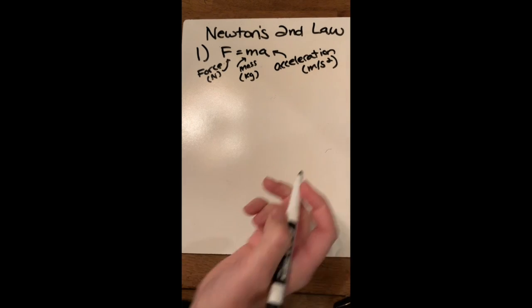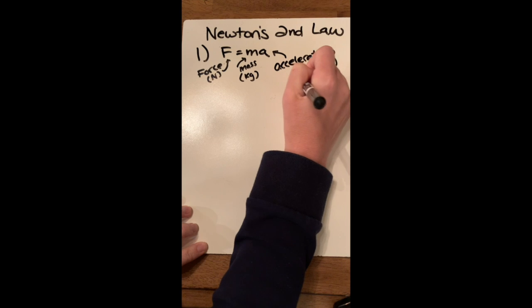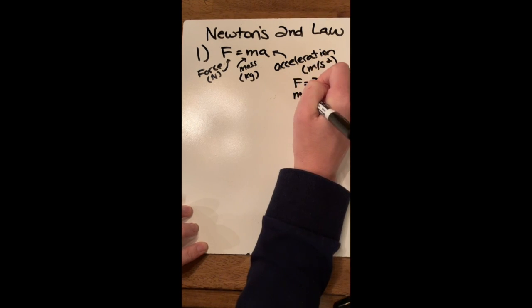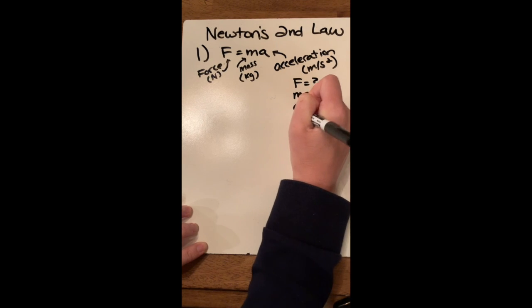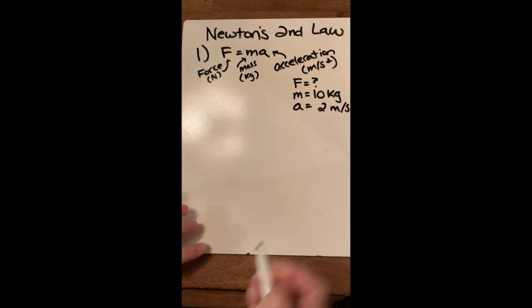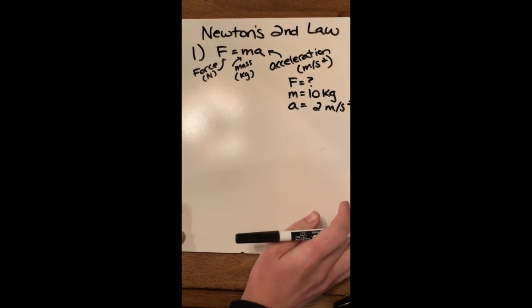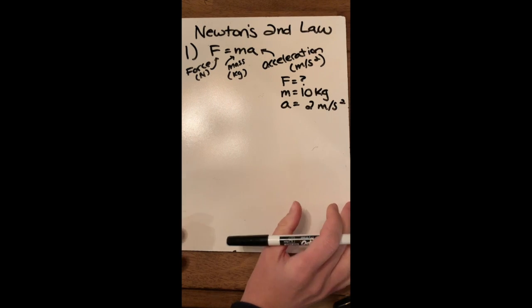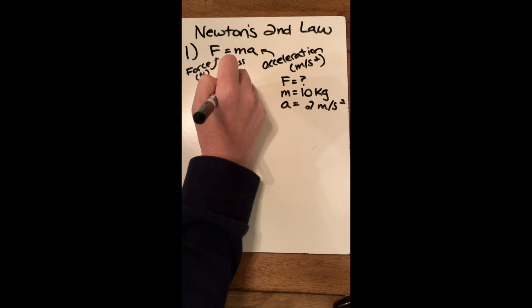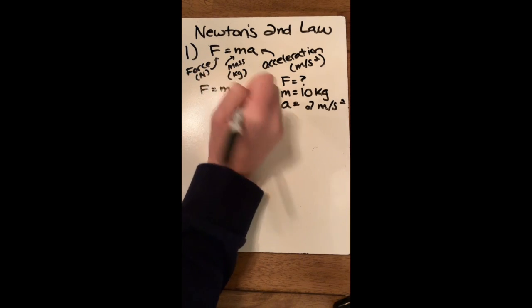Let's say, though, I get a problem and it asks me to figure out what is the force for a mass of 10 kilograms and an acceleration of 2 meters per second squared. So what would I do in that case? I'm going to rewrite the equation: F equals m times a.